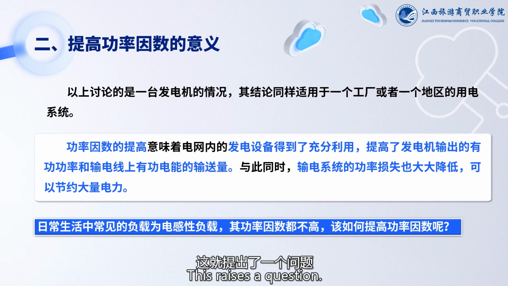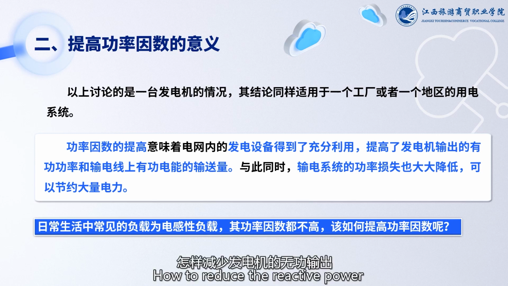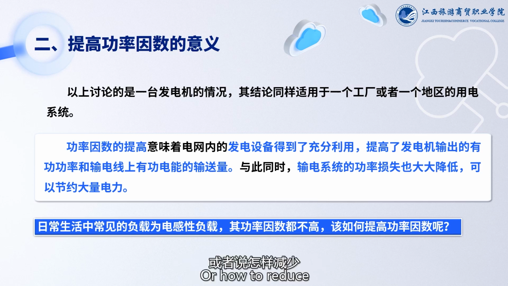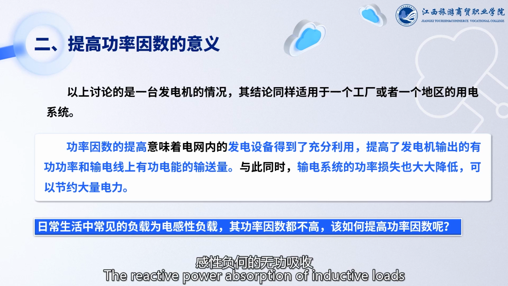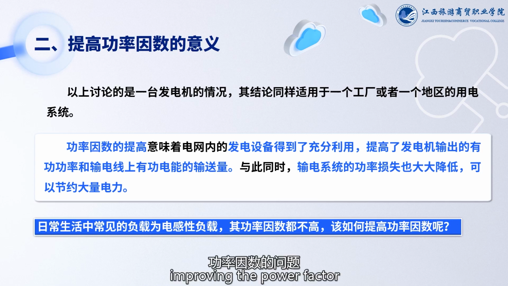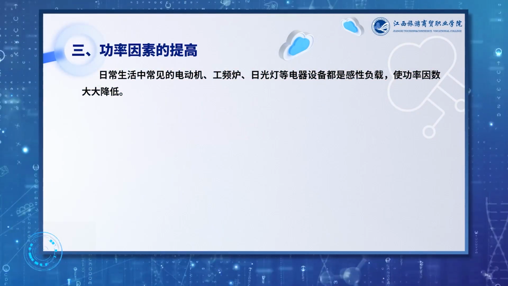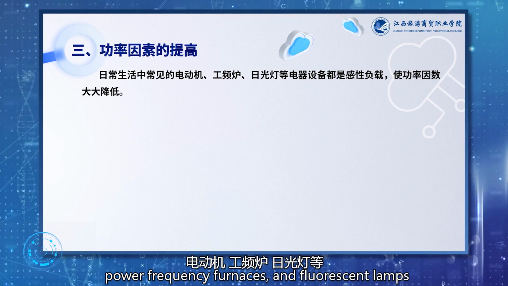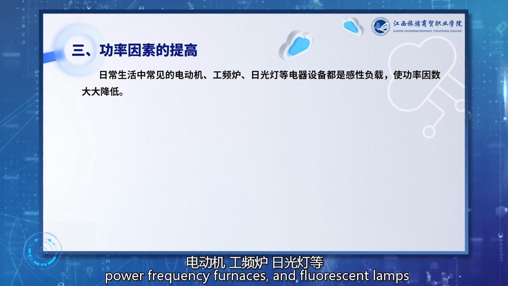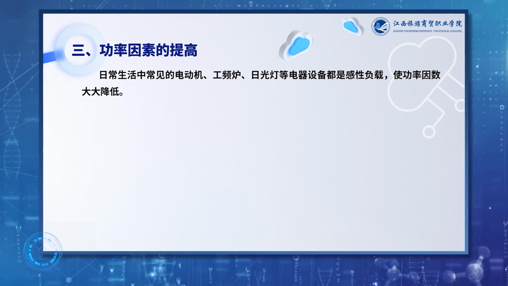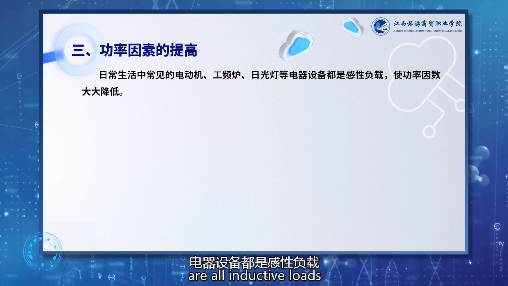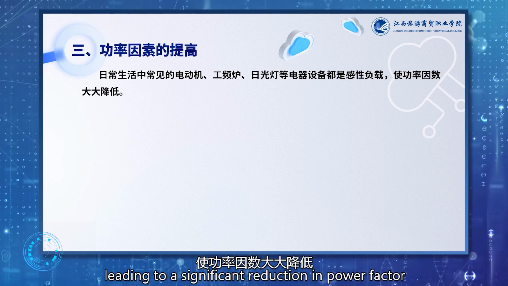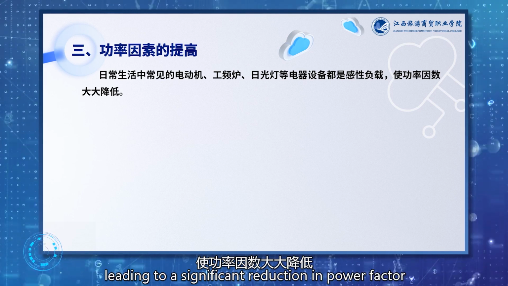This raises a question: how to reduce the reactive power output of a generator? Or how to reduce the reactive power absorption of inductive loads, thereby improving the power factor in daily life. Common electrical equipment such as motors, power frequency furnaces, and fluorescent lamps are all inductive loads, leading to a significant reduction in power factor.